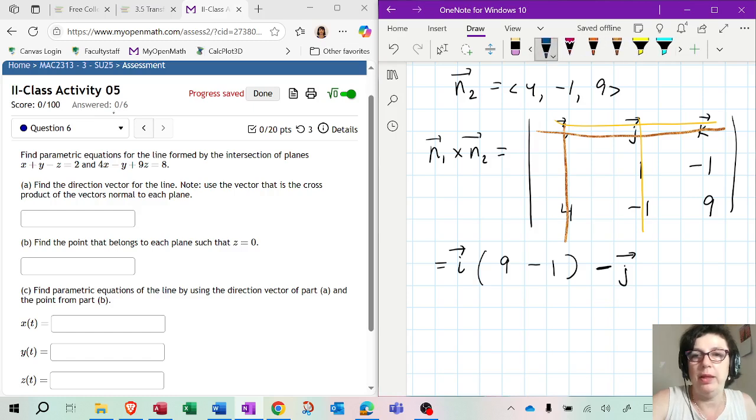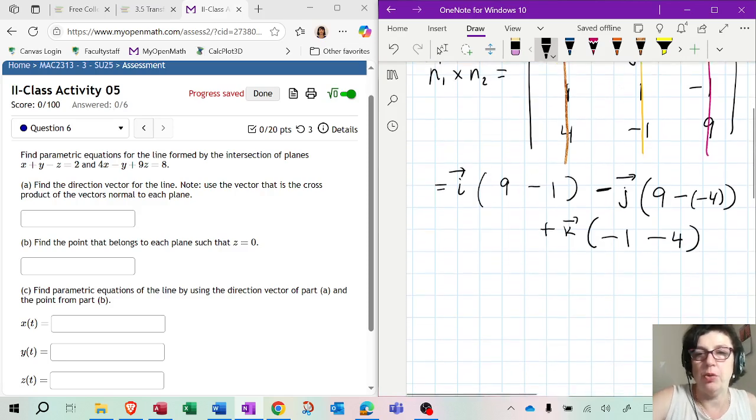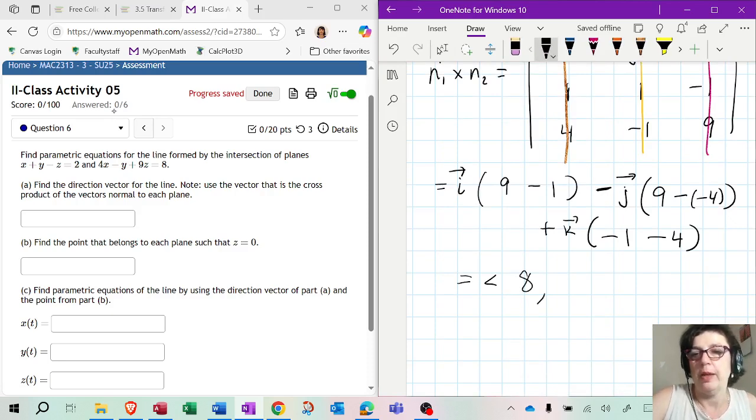We get 1 times 9, so 9, minus 4 times -1, so we're subtracting -4. Finally, the k component comes from crossing out the last column and the first row. This is 1 times -1, which is -1, minus 4. So I think the cross product is 8, then 9 plus 4 is 13, but there is a negative, so -13, and -5.